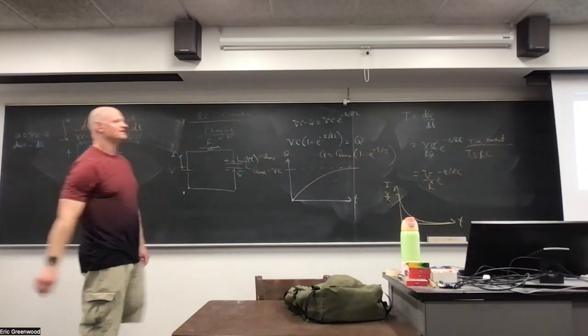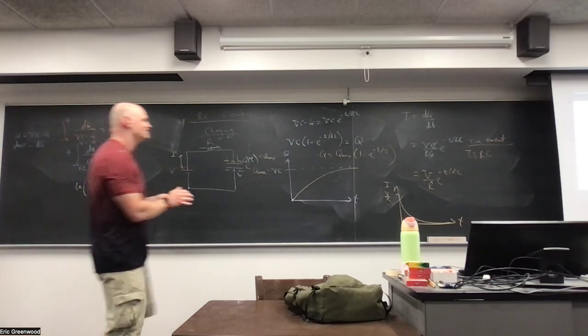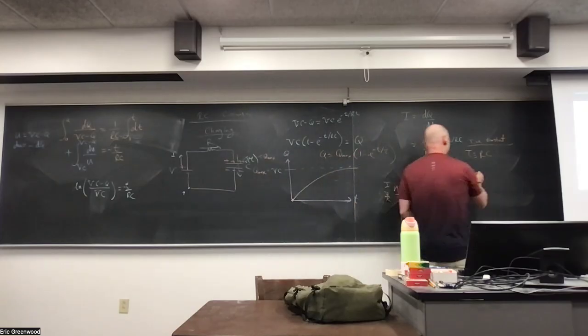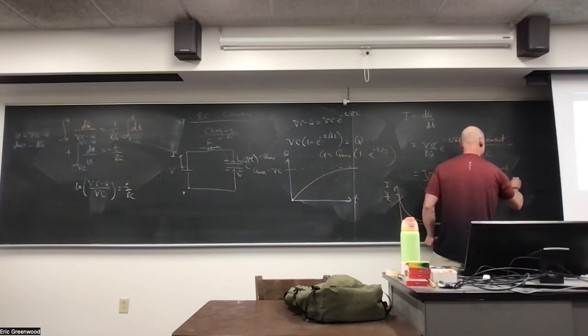The time constant is effectively the amount of time it takes for this thing to reach about 66% of its maximum charge. This is what the time constant means. So the time constant means the time required to reach roughly 66% of its max charge.